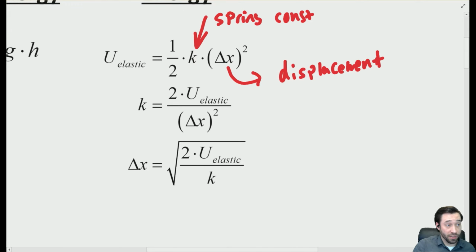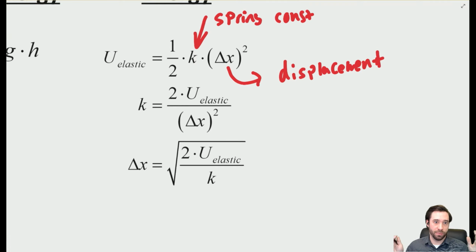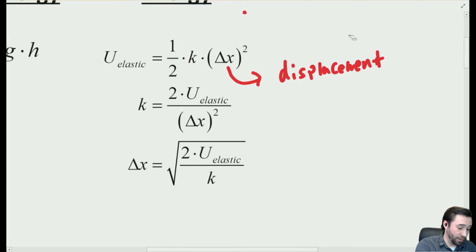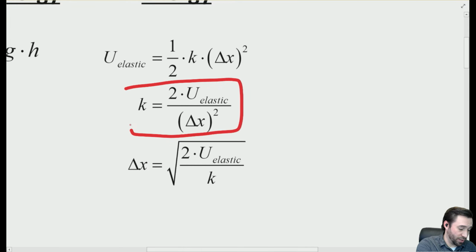So it is the displacement of the spring from its rest length. So it can be compressed or it can be stretched. It doesn't matter if it's positive or negative because when you square it, that'll just come out to be positive. But in this example, it's asking us to find the spring constant. Okay. So since we're dealing with elastic potential energy, we're going to be using this equation here.